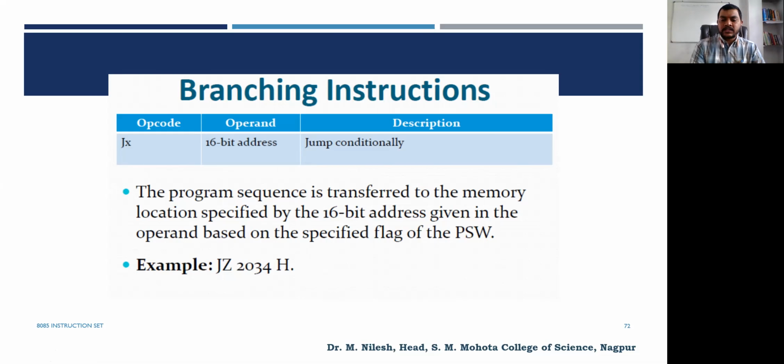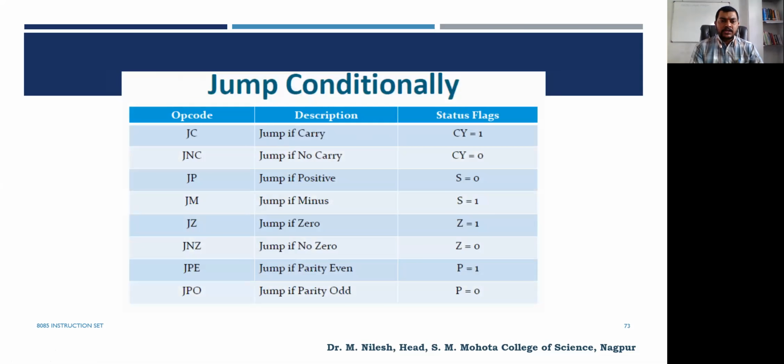So JX, where X stands for these instructions. There are various jumps, like jump if carry when the carry flag is set, jump if not carry when the carry flag is reset, jump if positive, that is the positive number where sign is 0, jump if minus, that is if the sign flag is set, jump if 0 if the zero flag is set, and jump if not 0 if the zero flag is reset, jump if parity is even when the parity flag is 1, and jump if parity is odd, so P equal to reset, right?